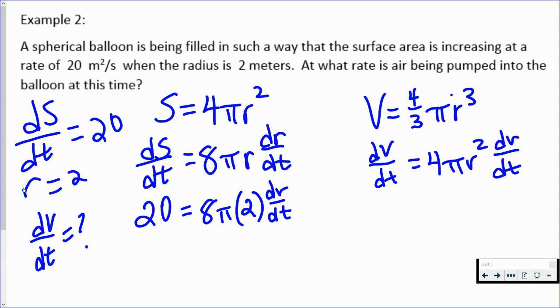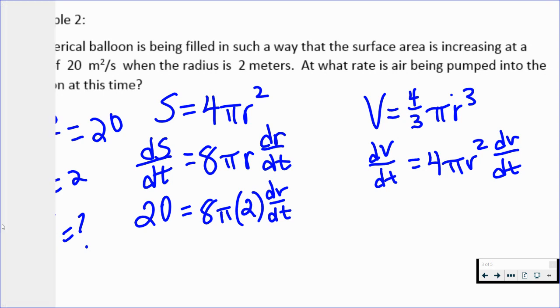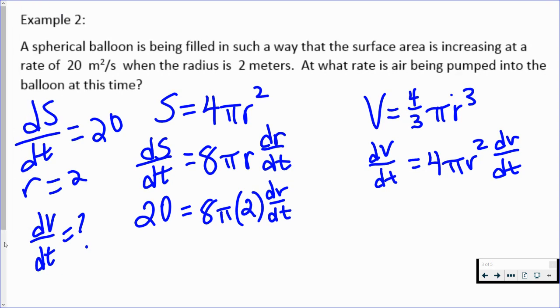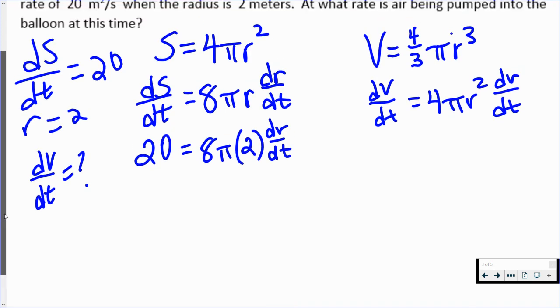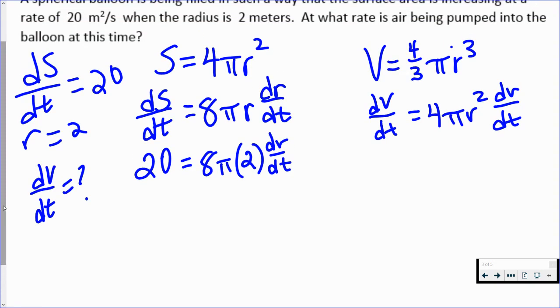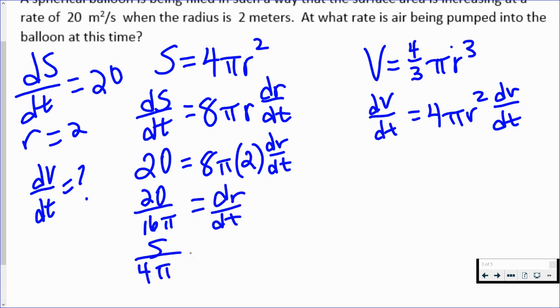So we can see that we've got 16 pi that we are dividing by. So if I divide by 16 pi, 20 over 16 pi is the same as what? Let's divide by 4. So 5 over 4 pi is your dr/dt.